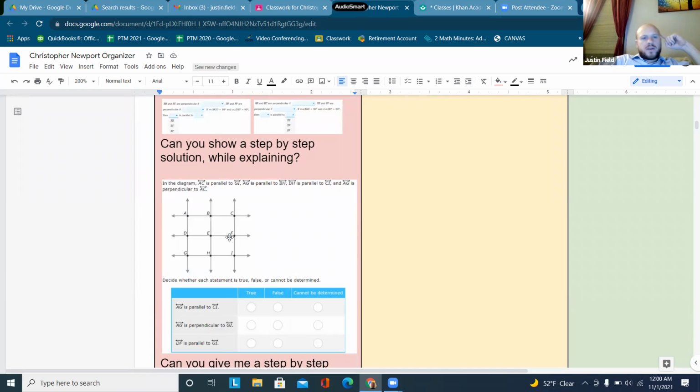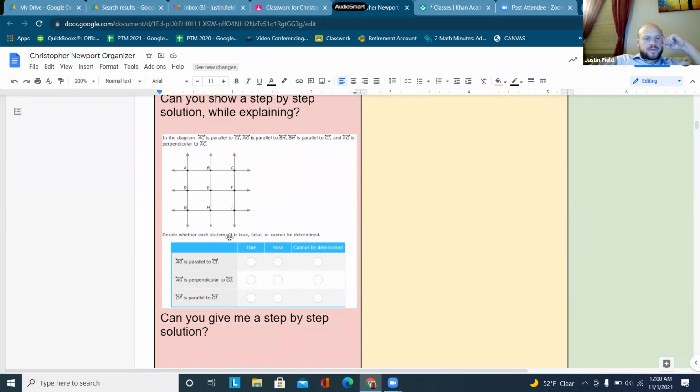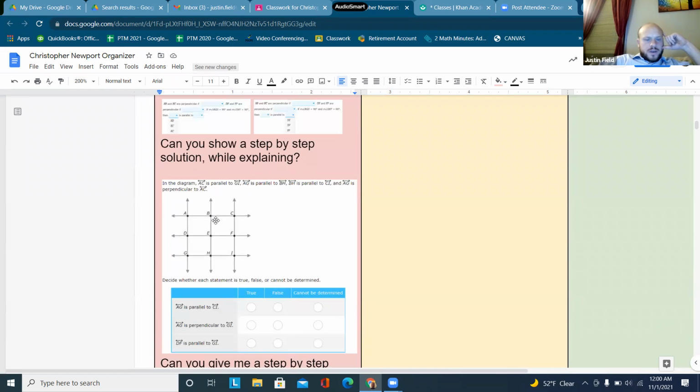In the diagram, AC is parallel to... Decide whether each statement. Okay. All right, let's do this one here. AC is parallel to GI. Okay, draw the arrows.